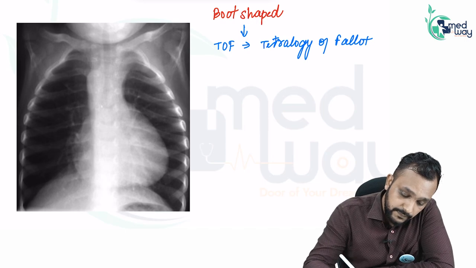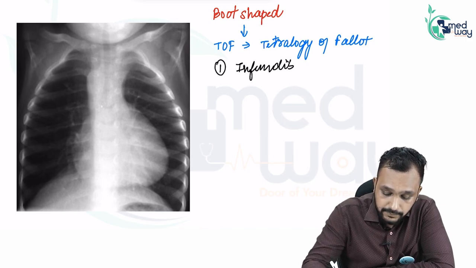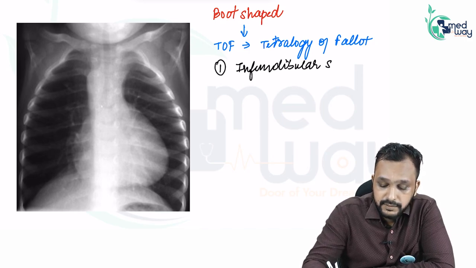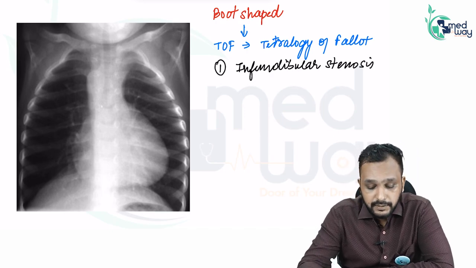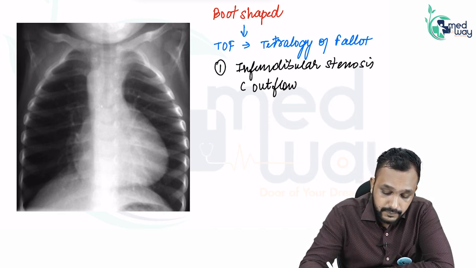The first is you are going to see stenosis at the level of infundibulum. So when there is stenosis at the level of infundibulum, that is your outflow tract of the pulmonary artery, right?